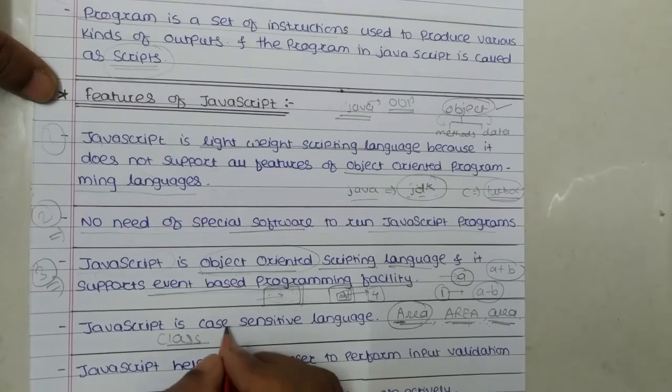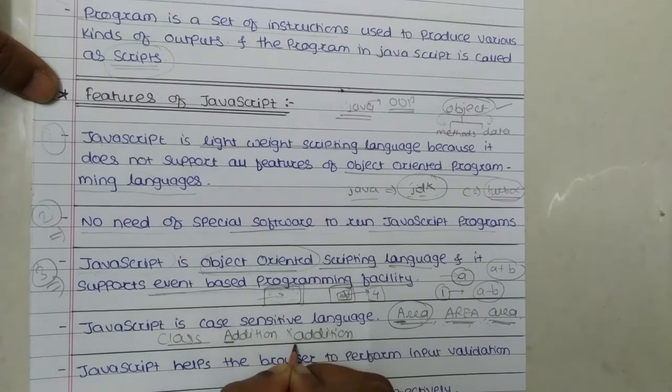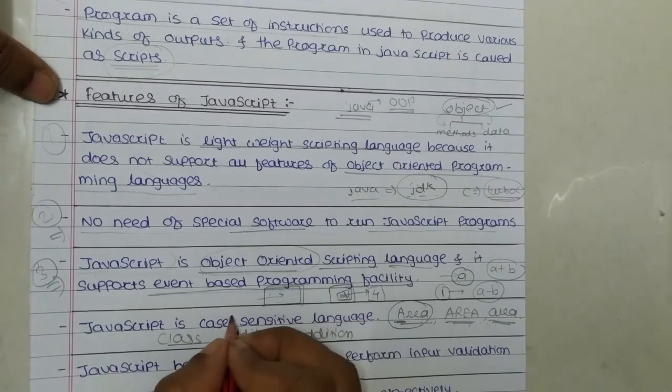So the first letter of the class name should be a capital letter. Suppose I write the class addition, then A is always capital here. When I write lowercase addition like this, it shows an error. Why? Because the first letter should be a capital letter. Clear? So therefore it is case sensitive.